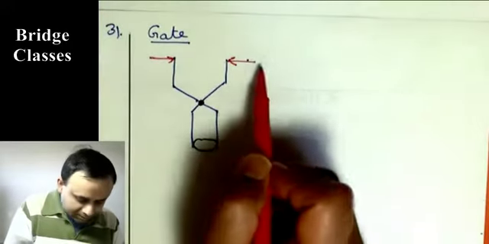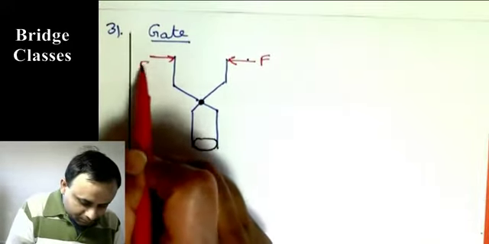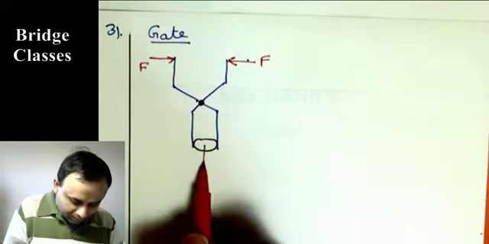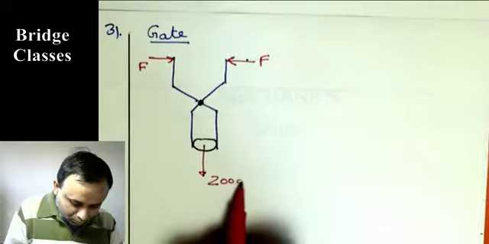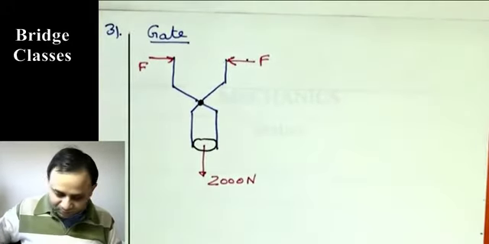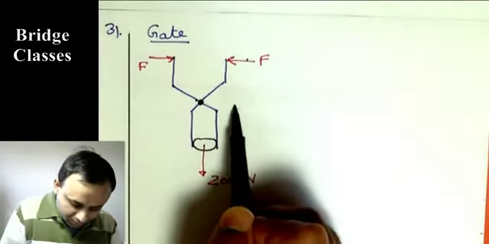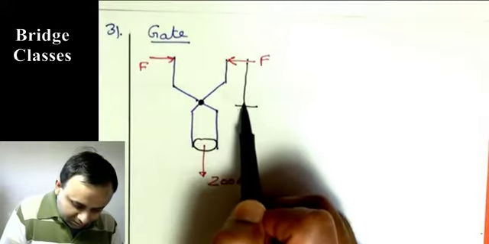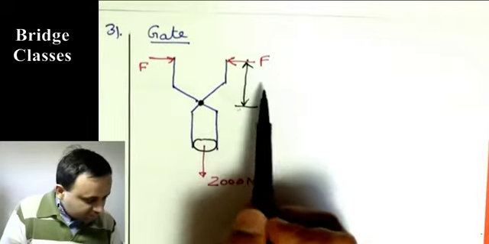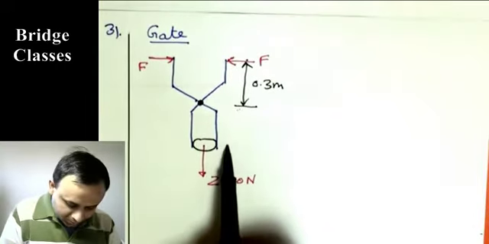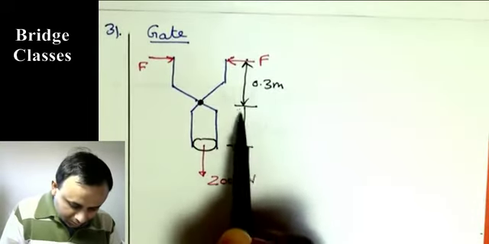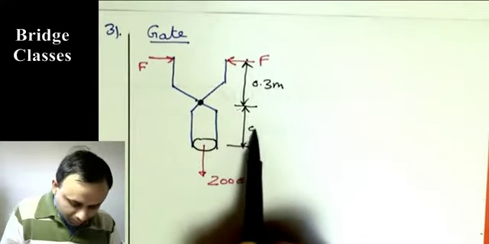So let's say this force is F, and the weight of this object is 2000 Newton, and some dimensions are given. This distance is 0.3 meter, and from here to here this is 0.15.